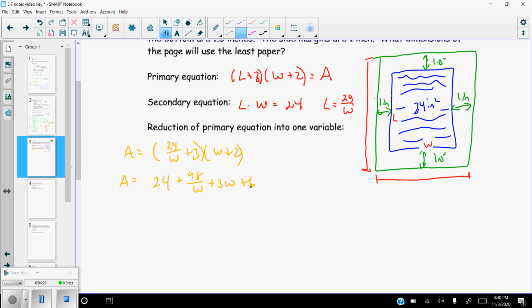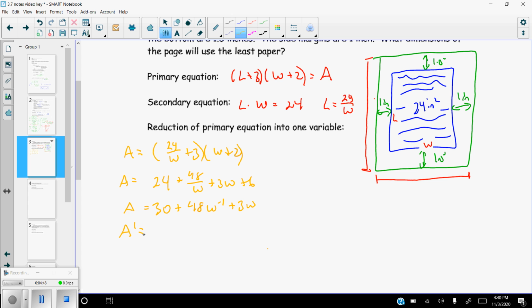Okay, so I'm going to go ahead and rewrite this. I can combine the 24 and the 6, although it doesn't really matter because those are going to go away with a derivative. I'm going to write that as 48W to the negative 1, again, just to make it easier to take a derivative. So now let's do A prime.